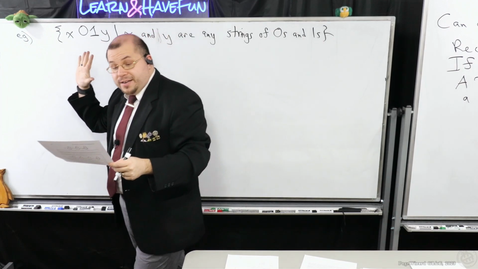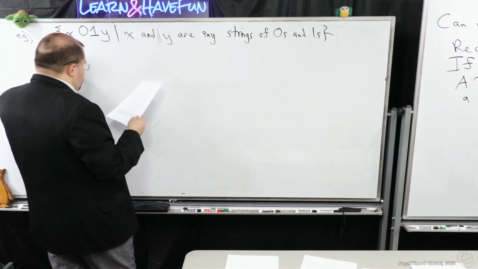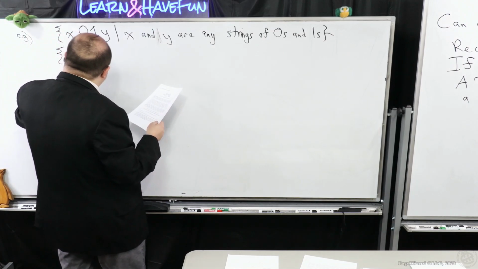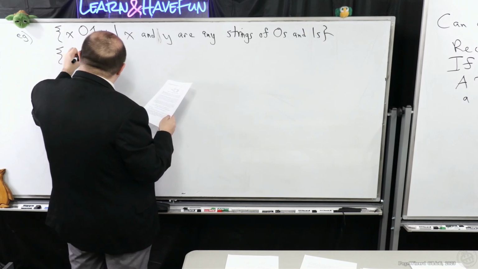You can also describe it in a different way. Here's another way I could describe the same set of strings, or language to you. It's W, and I must stress that we're going to be talking about the binary strings.